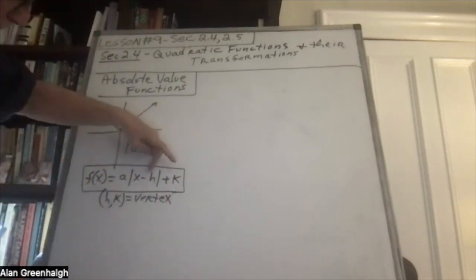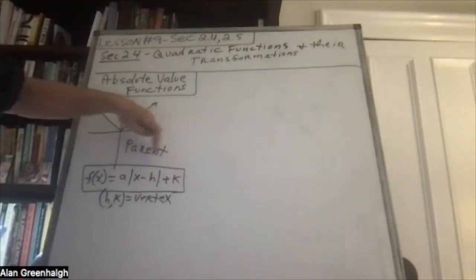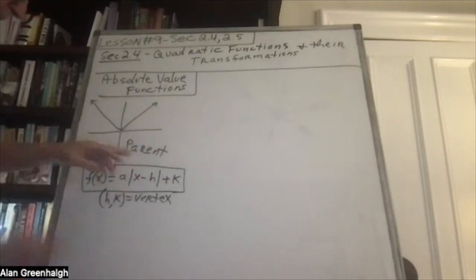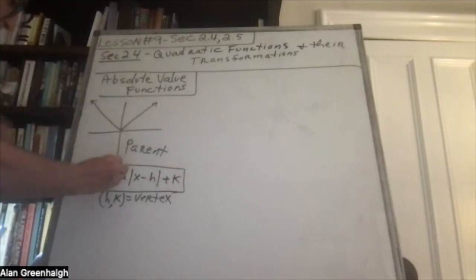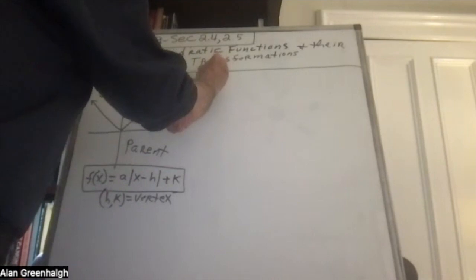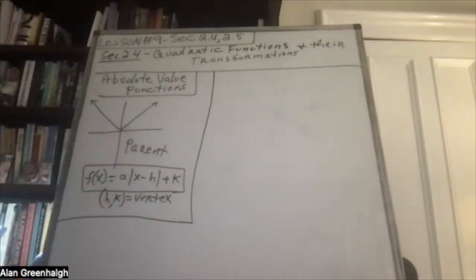The h told us how to move the function either to the left or to the right, and the k told us how to move it up and down. And when the a was negative, it turned it upside down, right? We did all of that stuff when we were talking about linear equations, and they chose absolute value functions as their test case.